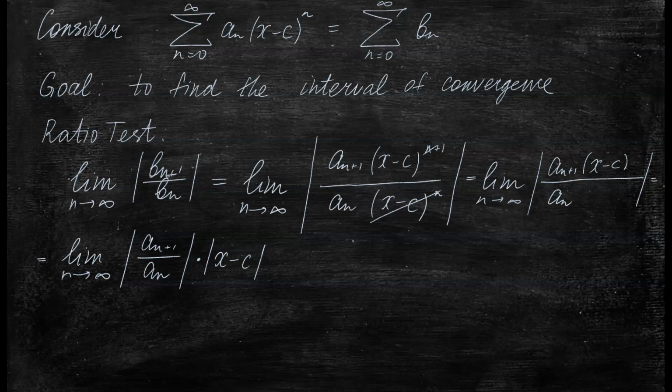But remember, the limit is in terms of n, and since x minus c doesn't have n, it can also come outside of this entire limit.